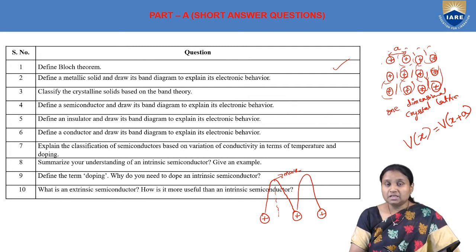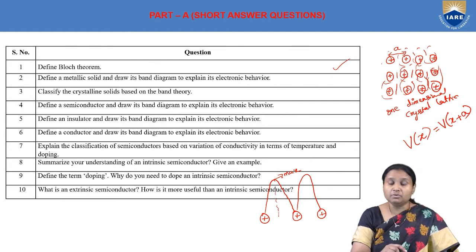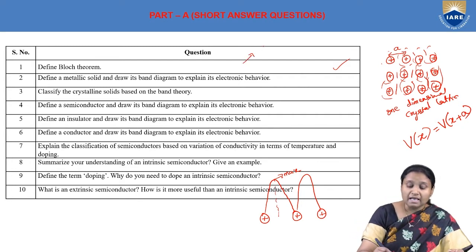So when we have such electron moving in a periodic potential, then Bloch has given one representation for wave function associated with electron moving in a periodic potential, and that wave function is given as psi of x is equal to u of x e to the power of ikx.